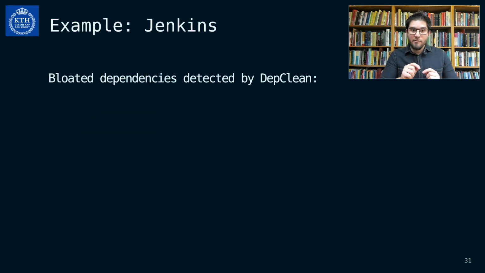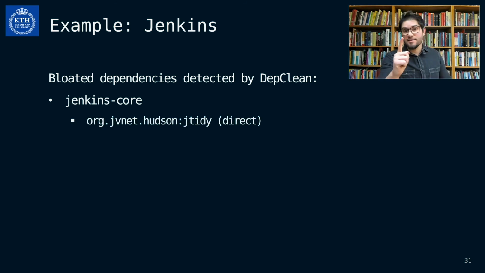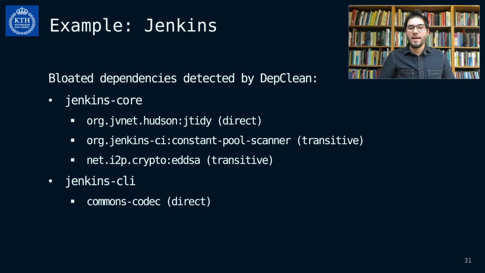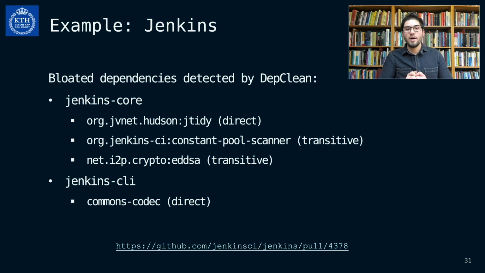DepClean found bloated dependencies in the core module of Jenkins: 1 bloated direct and 2 bloated transitive dependencies in this module. It also found a bloated direct dependency in the CLI module of Jenkins. So we submitted a pull request proposing the removal of all of these bloated dependencies.